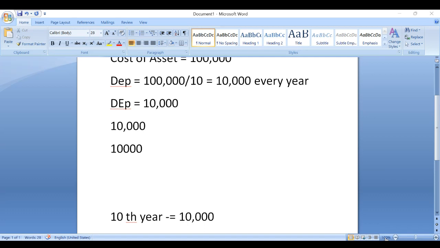So is the screen visible to you? Okay. Explain example, page 90.